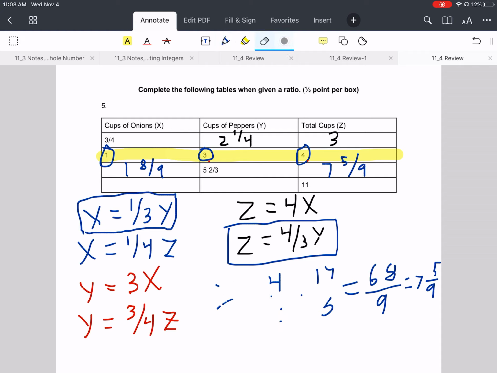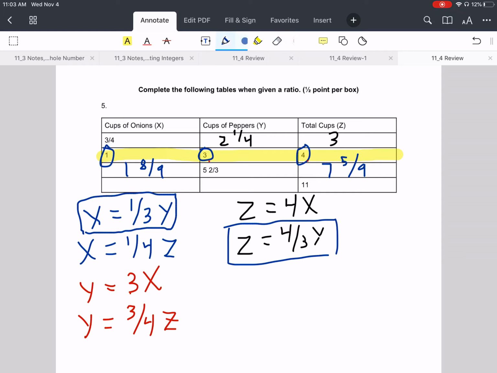All right, last row. We have a total cups being 11, so we have our z value, and we are looking for the x and the y. So we know that x equals 1/4 of z, so x equals 1/4 times 11, which equals 11/4.